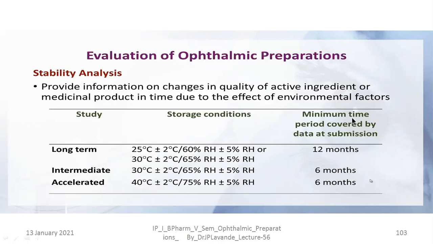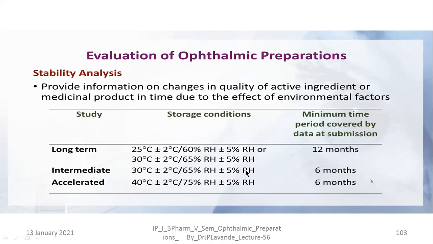As you can see, in case of intermediate, the temperature at which it is to be carried out is 30 degrees Celsius plus or minus 2 degrees Celsius, and 65% relative humidity plus or minus 5% variation.